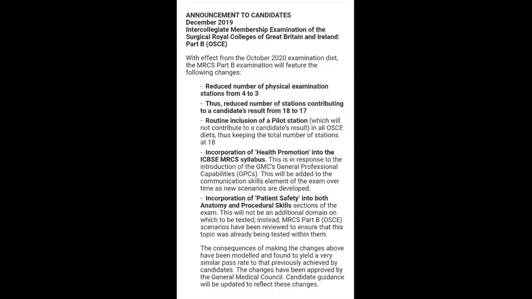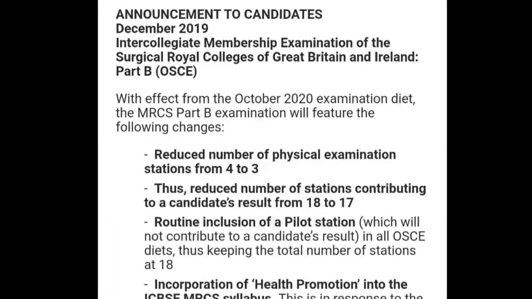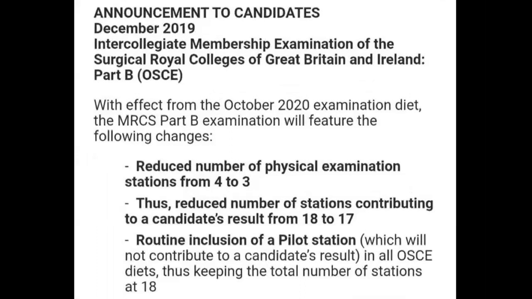By the way, this is a new criteria announced last February or the start of March about the OSCE exam. I don't know exactly what they mean by patient safety, but here it says that with effect from October, they said the last typical exam will be in September.